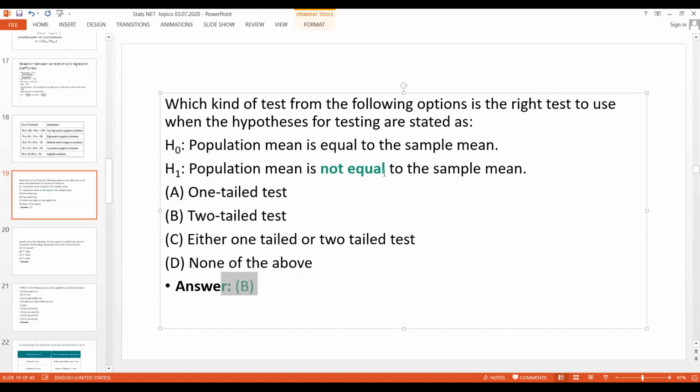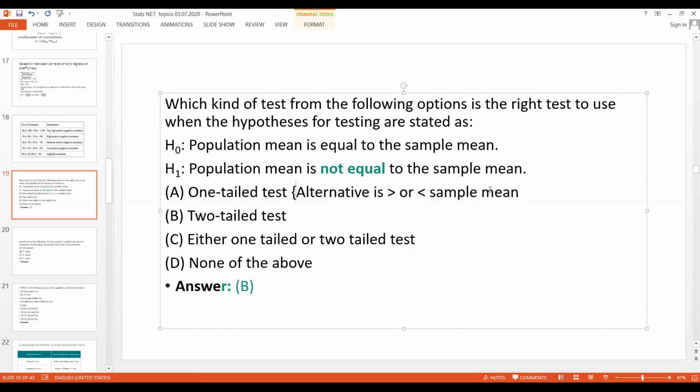Now, when do you get a one-tailed test? When your alternative is that the sample mean is greater than the population mean, or when we say that the sample mean is less than the population mean, then we have a test which is one-sided.